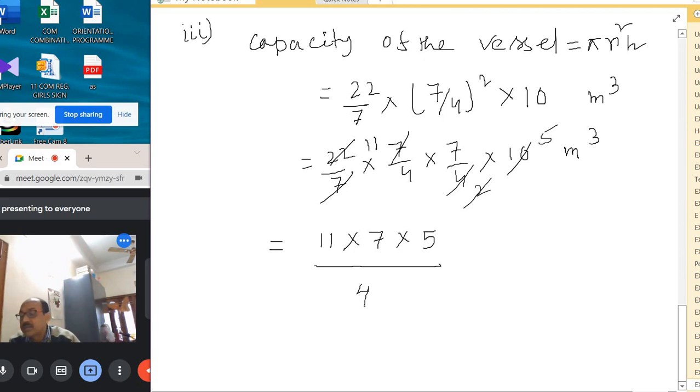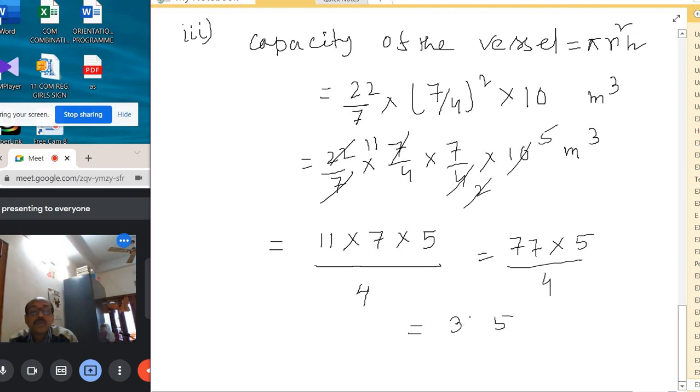Divided by 4. So this is equal to 77 into 5. Multiply: 77, 7 into 11 into 5 by 4, and 77 into 5 means 385 by 4.